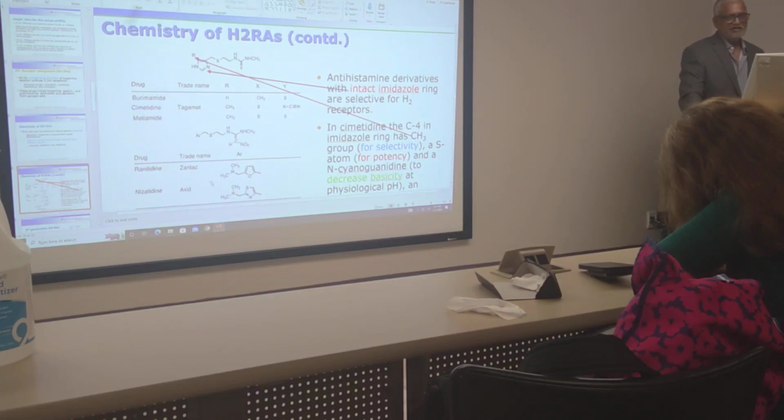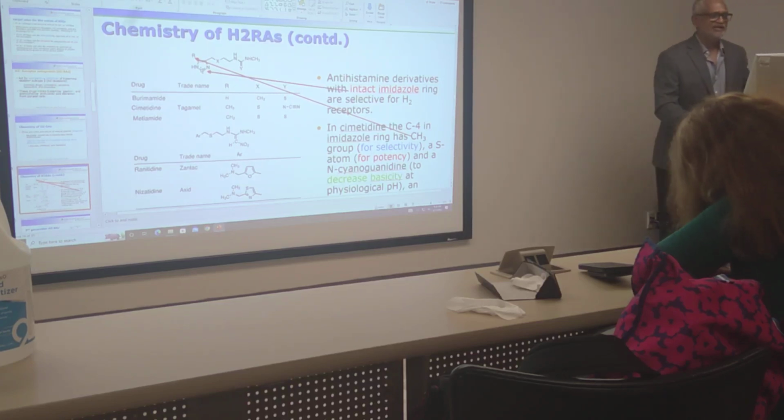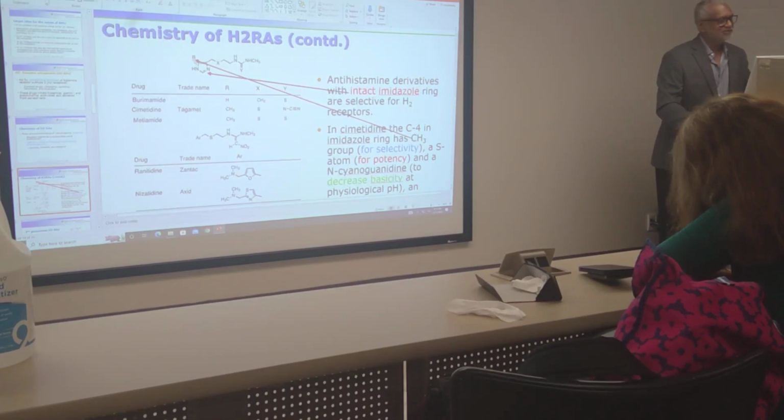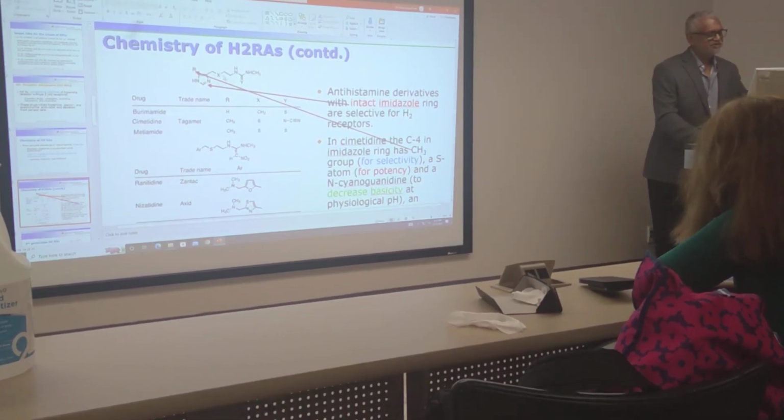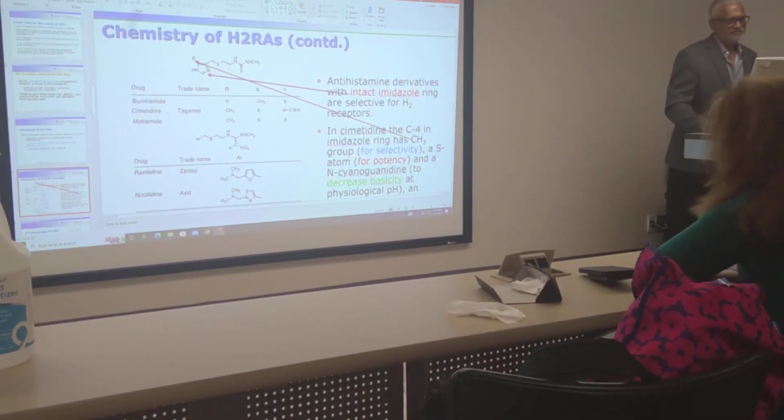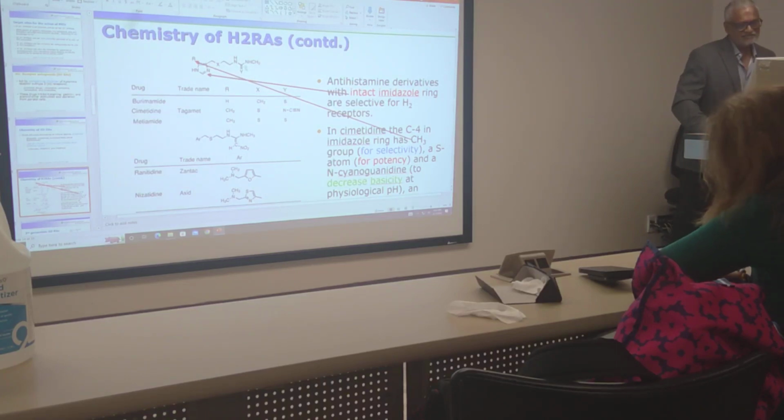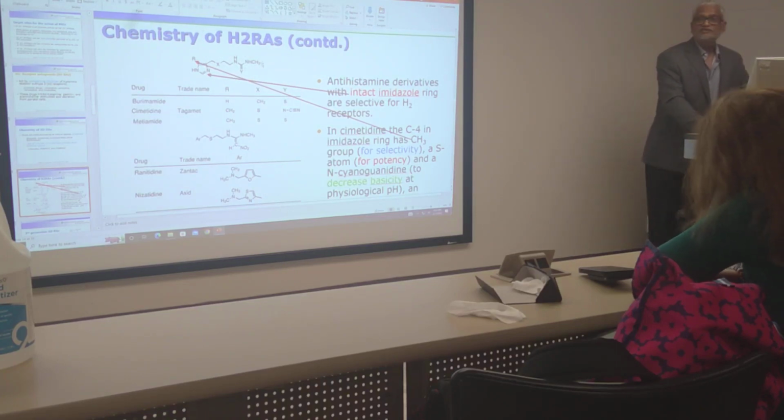If you remember the structure of histidine, here is the imidazole ring. The imidazole ring is the core of the histidine amino acid. Of course, it loses the carboxylic acid and becomes histamine, and the side chain has been added, so here are the modifications.